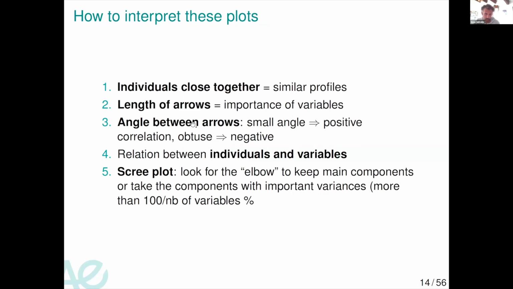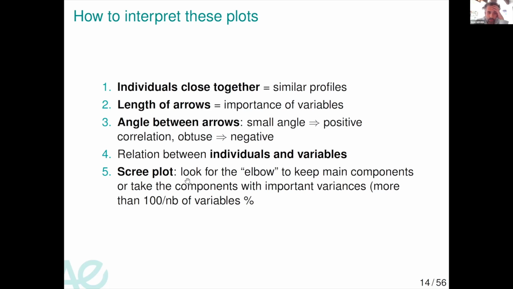The angle between the arrows also gives you information about the correlation of the variables. If there is a small angle, so the arrows are really close, there is a positive correlation, and otherwise it's a negative correlation. As I explained, you can decipher the relation between individuals and variables.